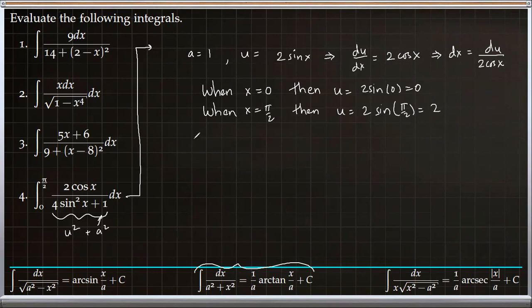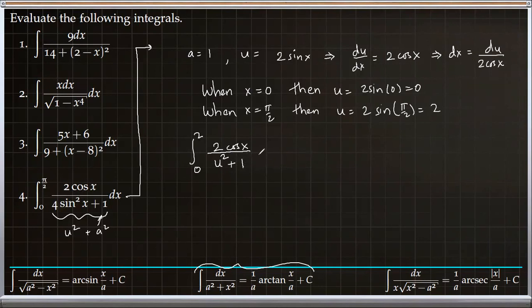So therefore the integral becomes the integral from 0 to 2 of cosine x. I'm going to put 2 cosine x as it is, hoping that it will get cancelled out. And in the denominator, we have, sorry, 4 sine square x, which will be simply u squared, because u is 2 sine x, plus 1.